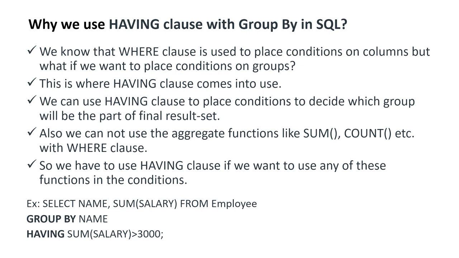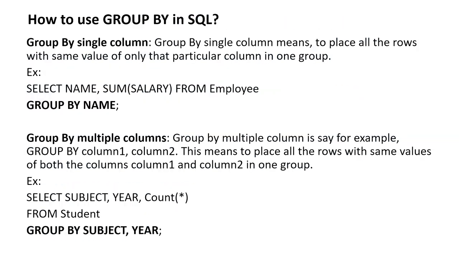Also, we cannot use aggregate functions like sum, count, etc. with the where clause. So we have to use the having clause if we want to use any of these functions in the conditions. An example is: select name, sum(salary) from employee group by name having sum(salary) > 3000.